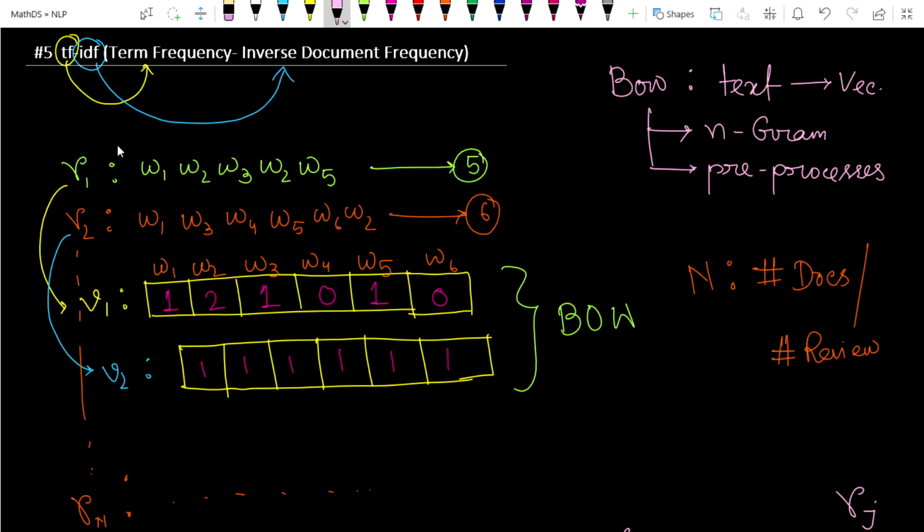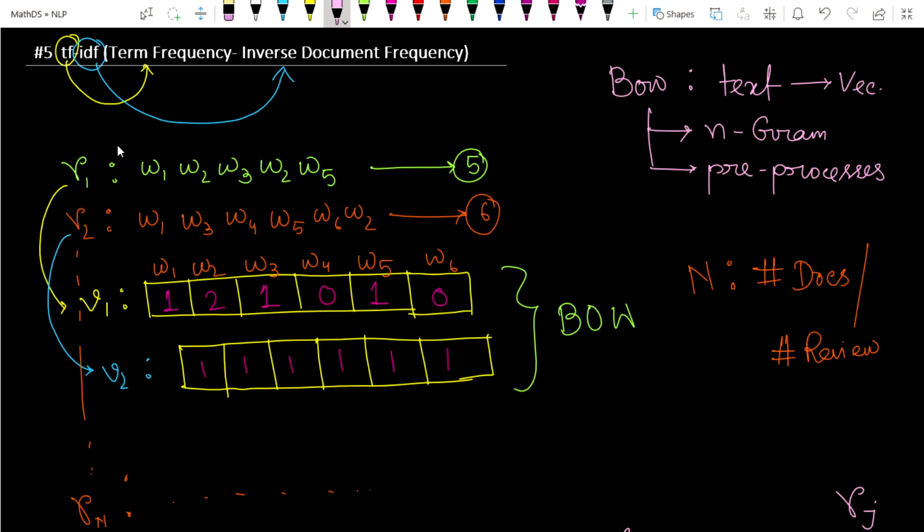Term frequency means we give importance to words that are more frequent in a particular document. Inverse means the opposite kind of thing. Document means the whole collection, and we give importance to words that are rare in the whole document collection.